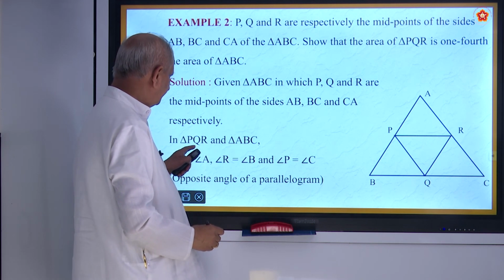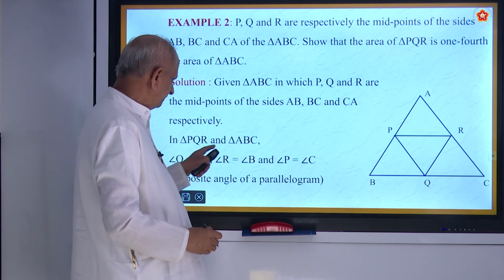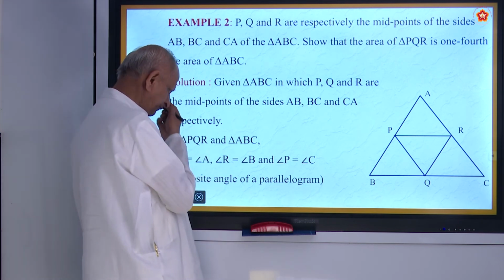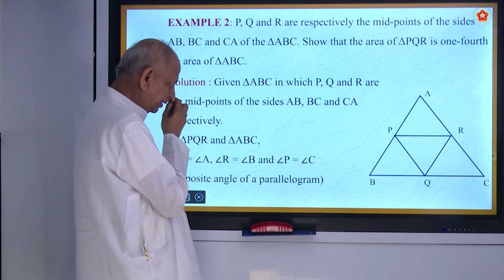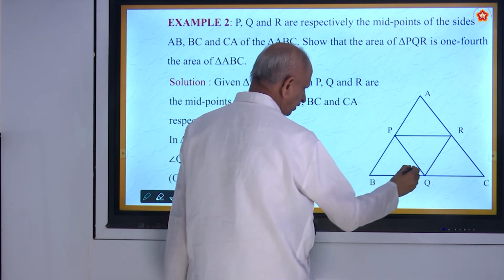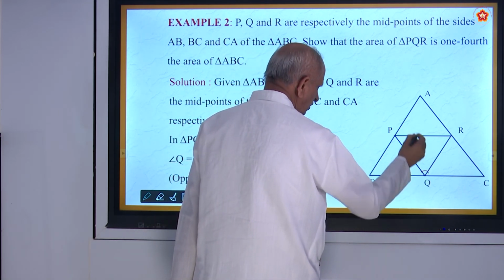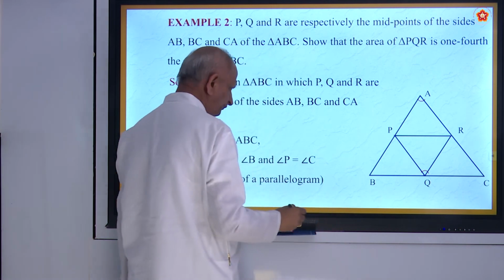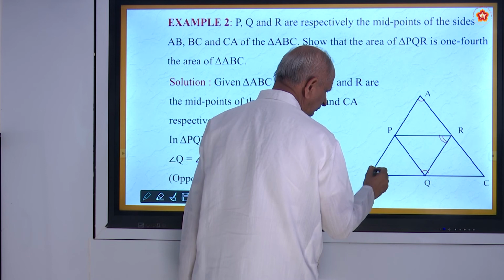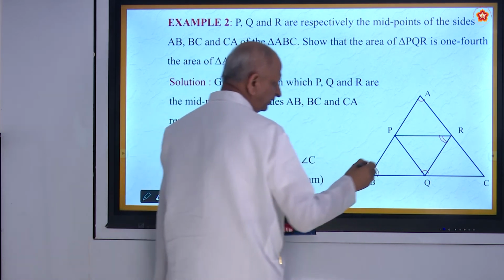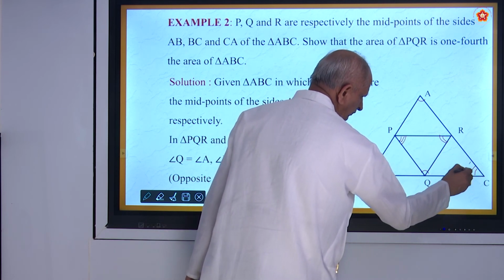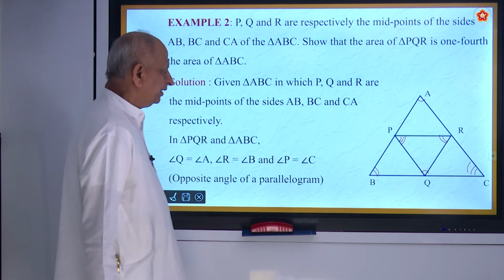In triangle ABC and triangle PQR, you have angle Q is equal to angle A, angle R is equal to angle B. So, angle Q is equal to angle A first, R is equal to B, and P is equal to C. Because they are similar.